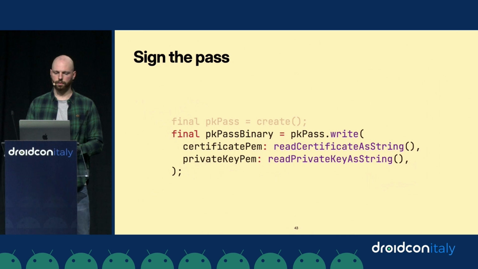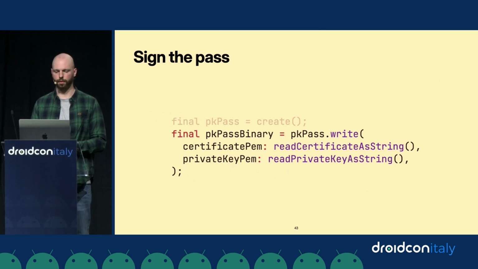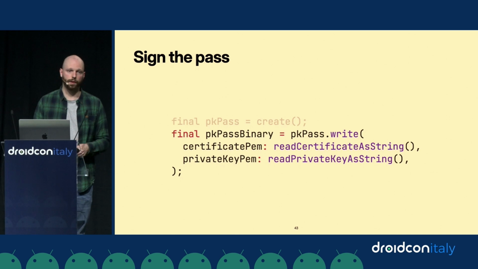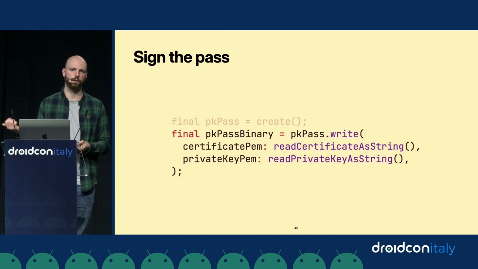Cool. So after we created a PkPass file, we need to sign the pass so that no one's tampering or faking a pass. That also allows us to verify that the pass is actually coming from us and not from someone else.